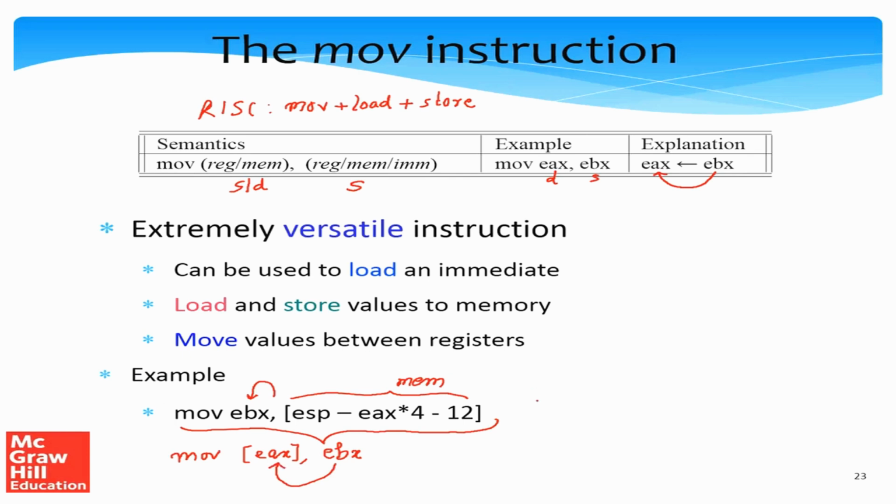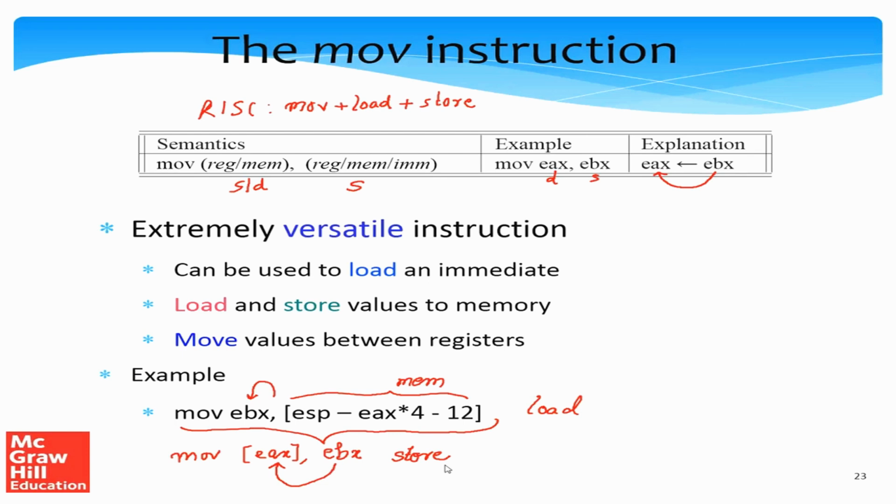So the former is an example of a load and the latter is an example of a store. So the move instruction can move values between registers. It can move a value from a register to memory, which is the same as a store. It can move a value from memory to a register, which is the same as a load.